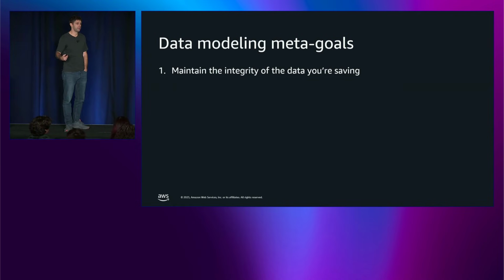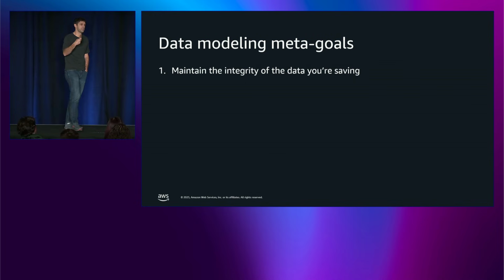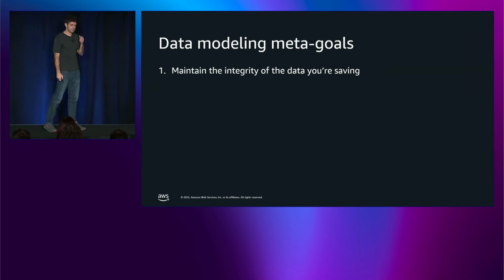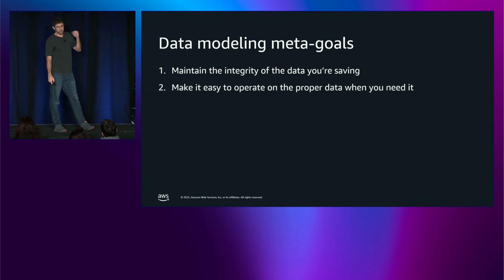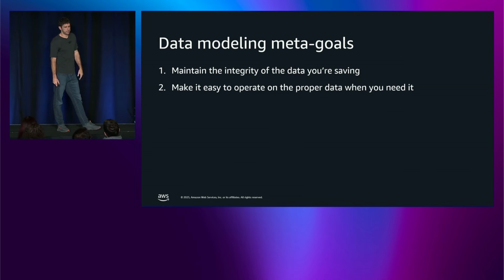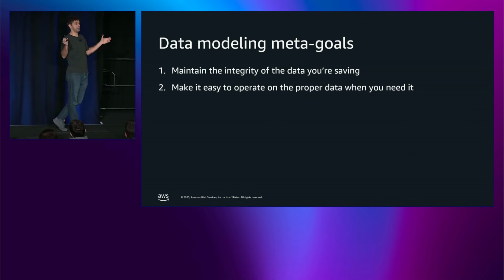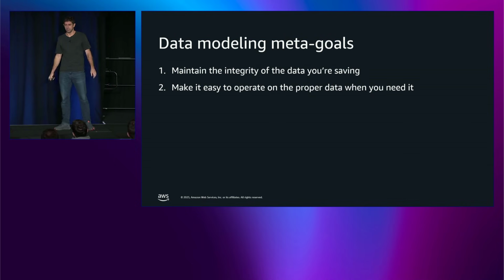You need to be able to maintain the integrity so that when you read that back out and represent it, you can still understand what you have in your database. And in addition to maintaining the integrity, you need to make it easy to operate on the proper data when you need it. If I have one of those big tables, how do I get down to just the records that I actually need?